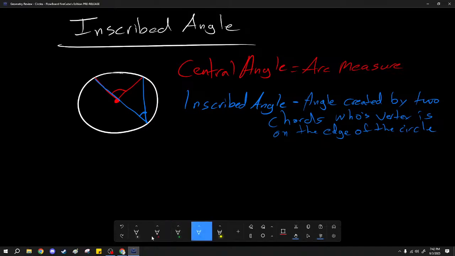Here, this is how I'll write it. A for angle, subscript I, inscribed angle. An inscribed angle is equal to the central angle, A for angle, C for central, divided by 2. It is half of whatever the central angle is.